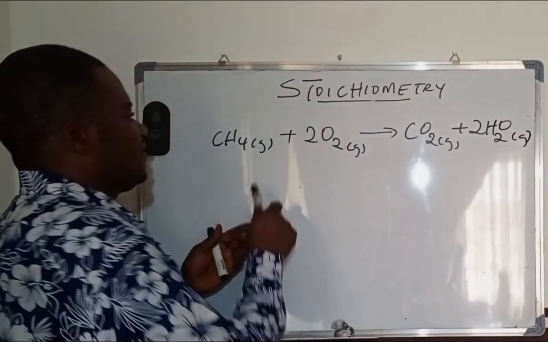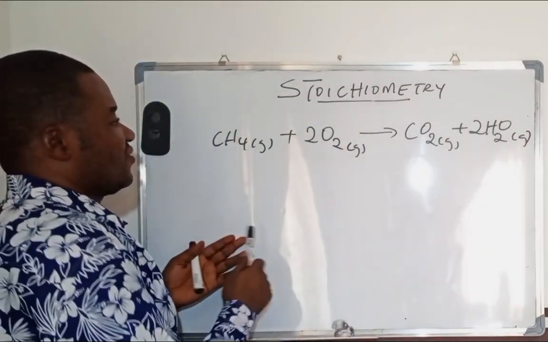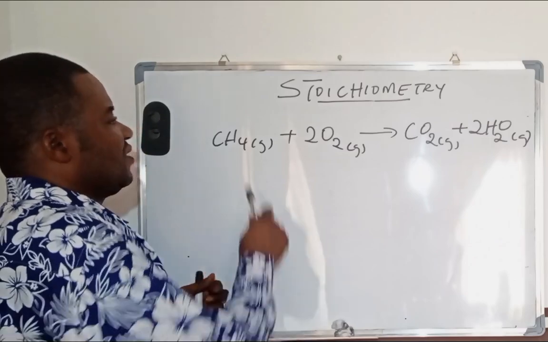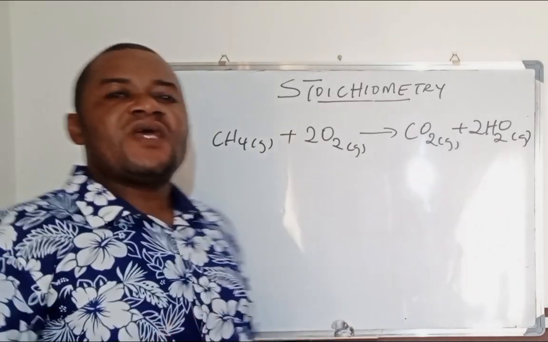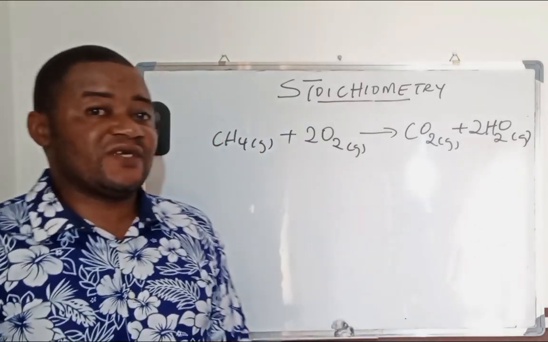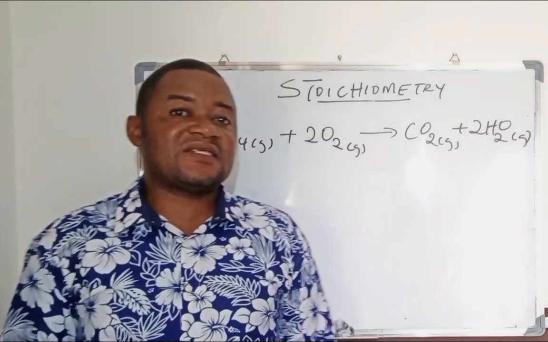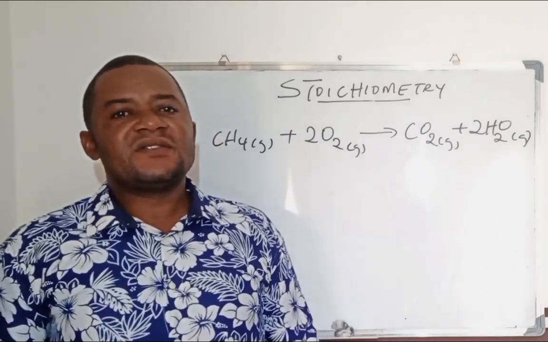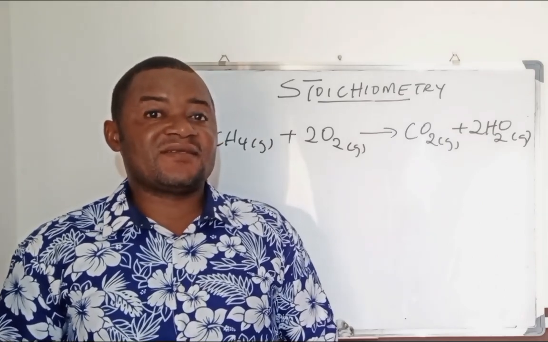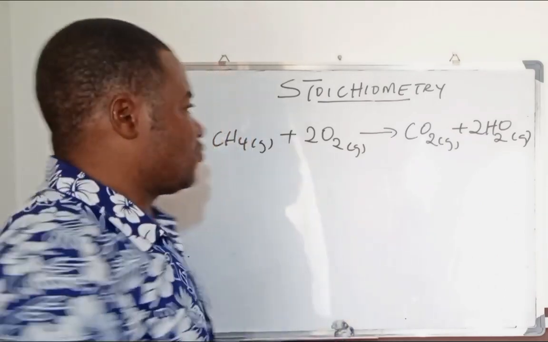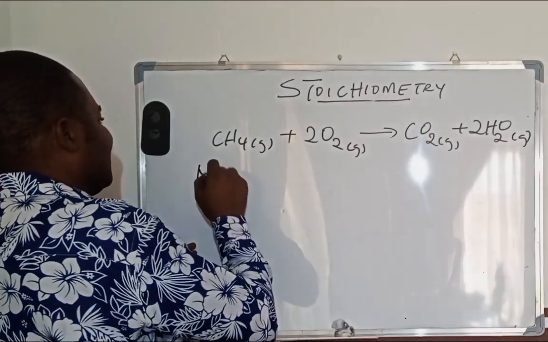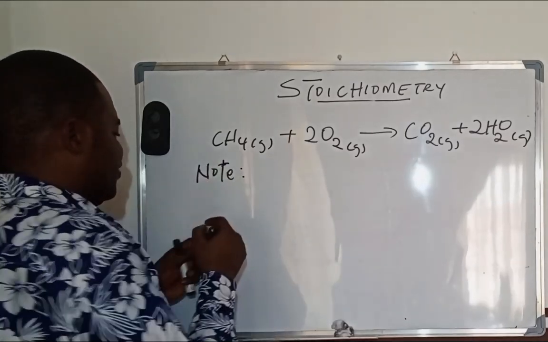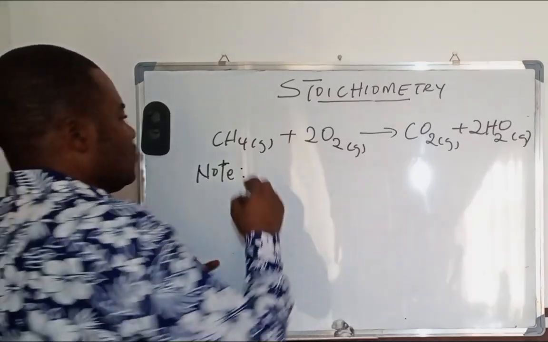Now if you take a look at this reaction, you will notice that it has much to do with what? With gases. Where you have gases, the stoichiometry or the amount you calculate for gases depends on, seriously, what? On the volume instead.